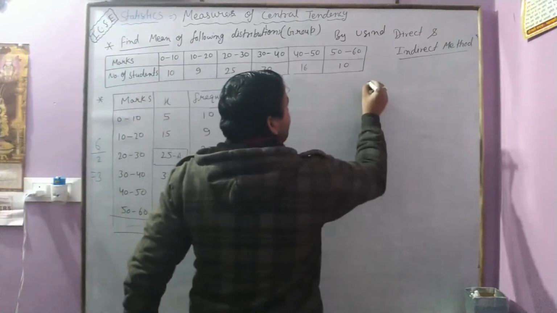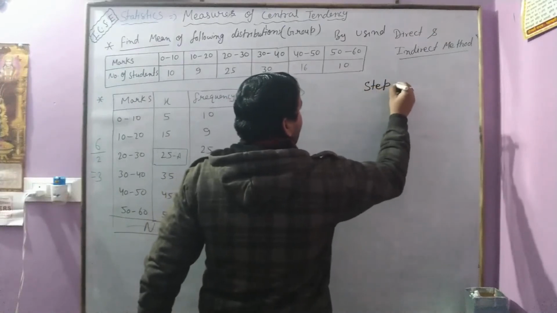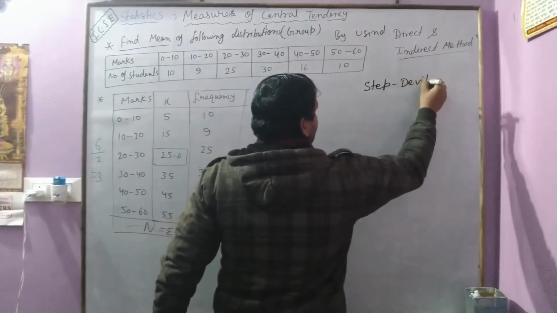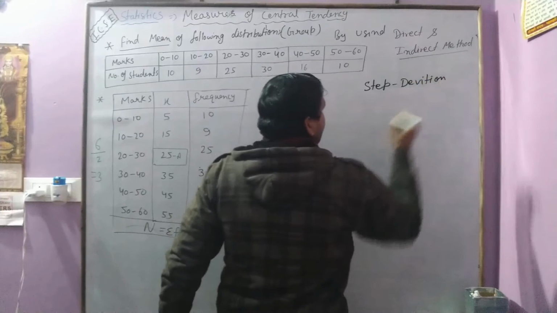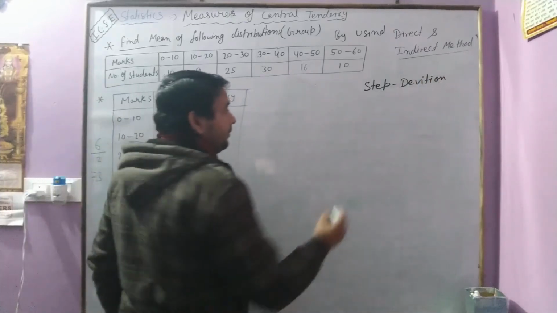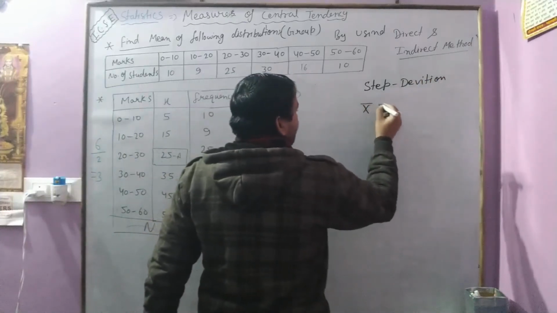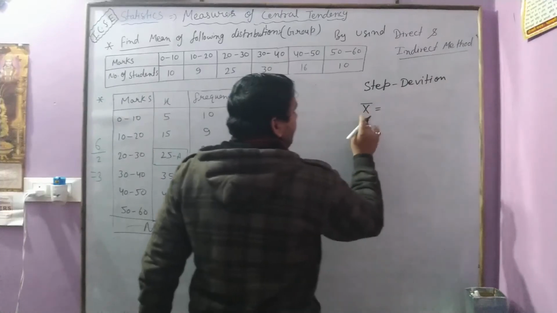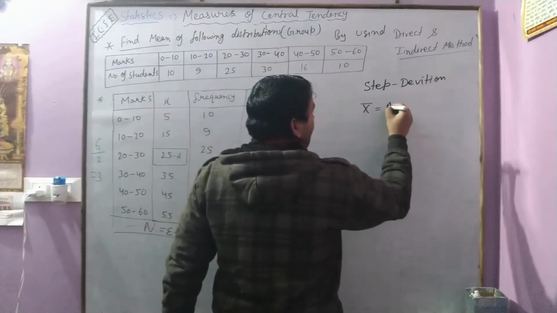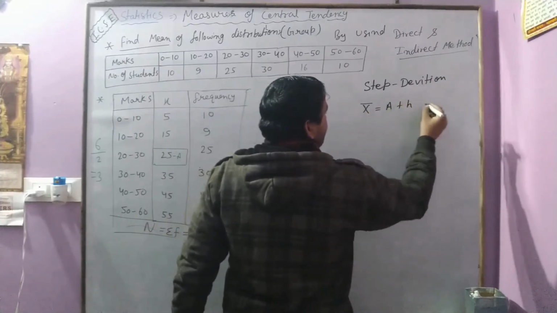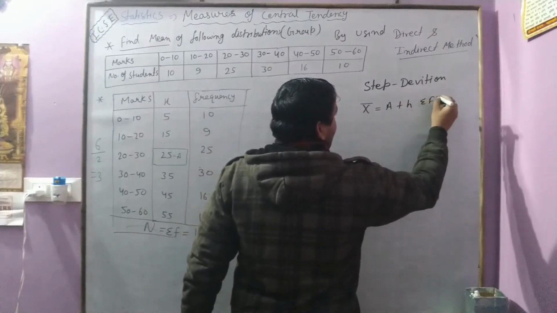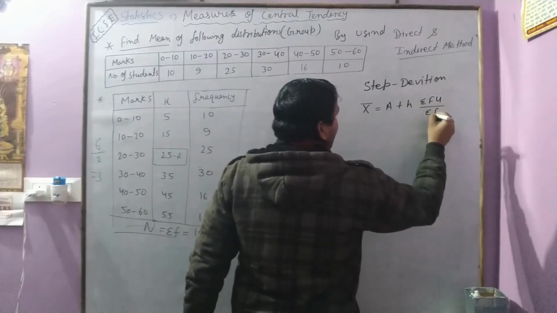In step deviation method, we have the formula for mean: x bar is equal to a plus h times summation fu upon summation f.